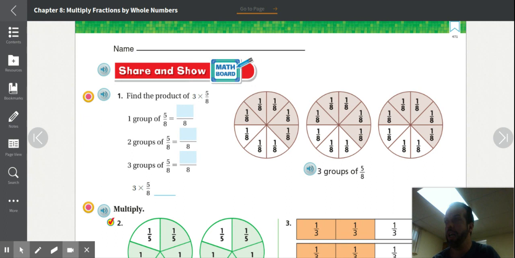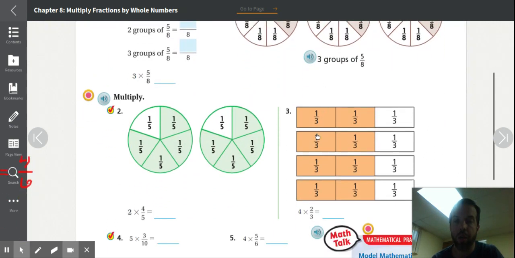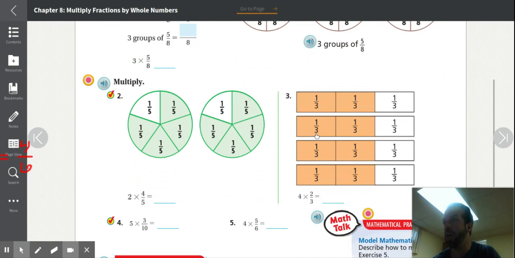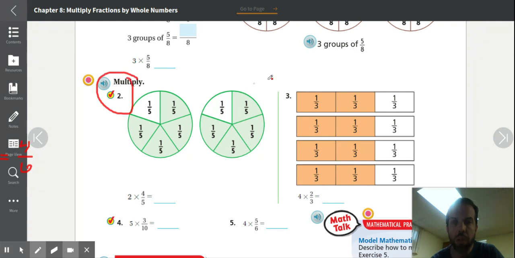So the problems I would like you to do today, and you're going to use your models, okay? We'll do numbers 2, 3, 4, and 5. So those are the 4 that I would like you to do today.